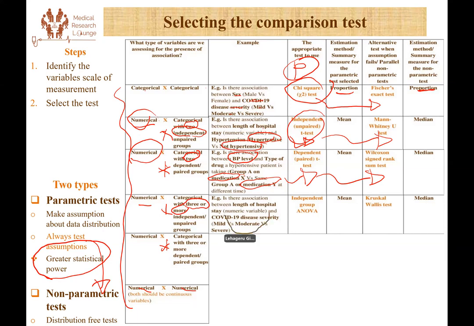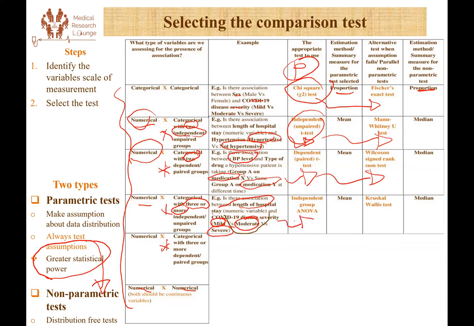For the same example, length of hospital stay is a numerical variable, and we're trying to compare it among patients with different levels of COVID-19 disease severity: mild, moderate, and severe. This is a categorical response with 3 categories. Since it is 3, the proper test to use is independent group ANOVA.